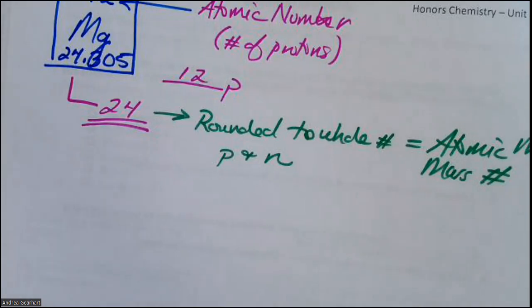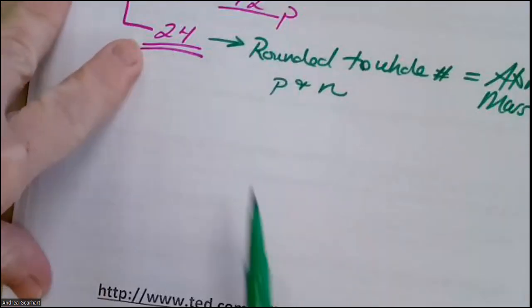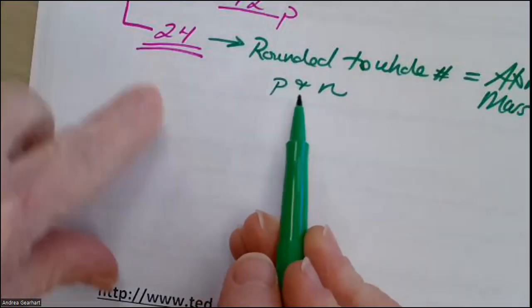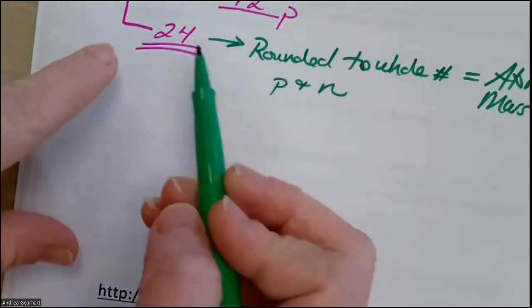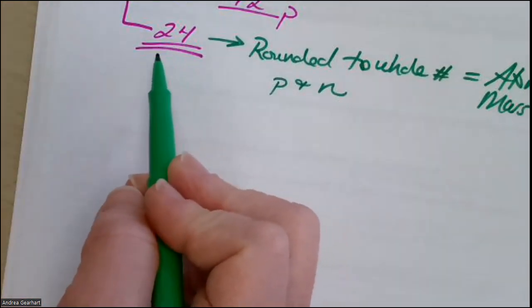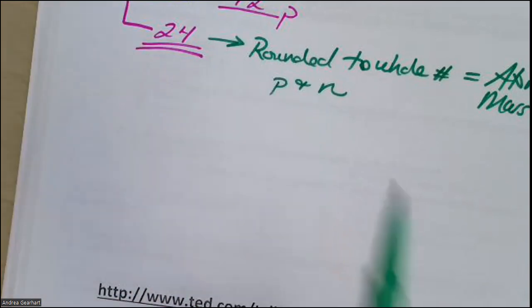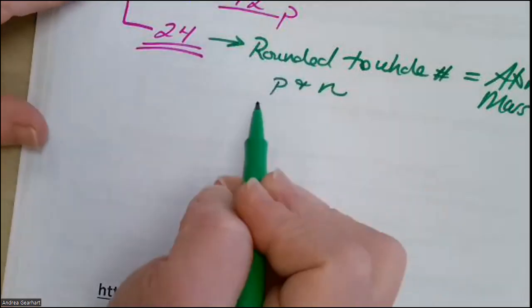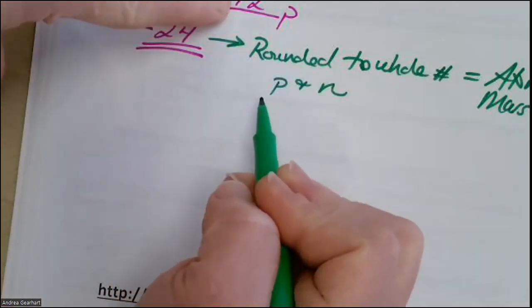The way that we as humans have devised the determining of these numbers, the proton is assigned a value of 1 and the neutrons are assigned a value of 1. So this 24 could be because of 10 protons and 14 neutrons. But of course, to be magnesium, it has to have 12 protons.